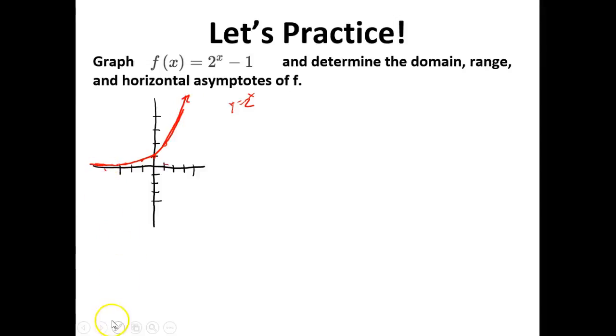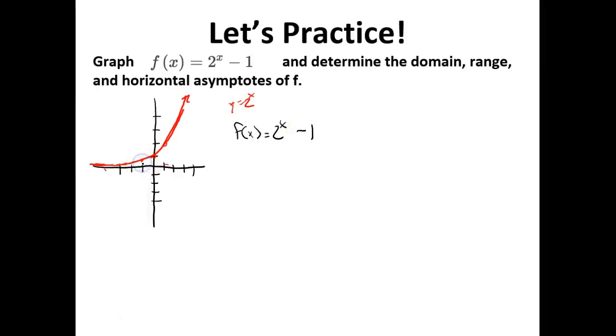This actual function here is, if I recall back all the way to section 3.5, almost identical. We have the 2 to the x, that's the same exact part, but then everything that comes out of this part right here is -1. So everything is shifted down 1, meaning all the points are shifted down 1.